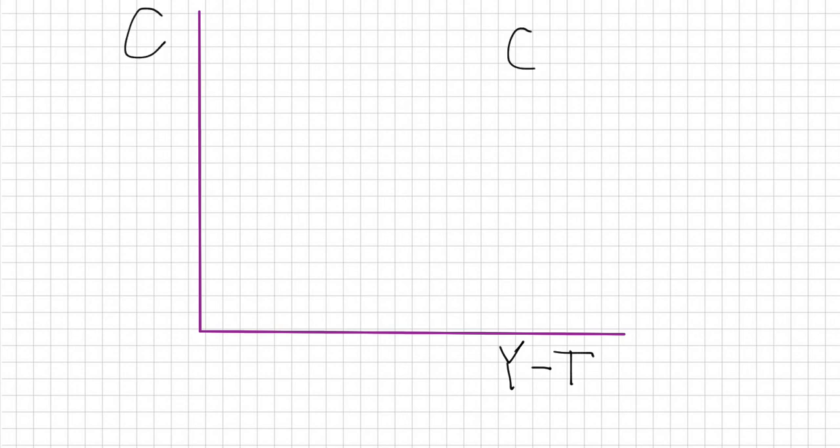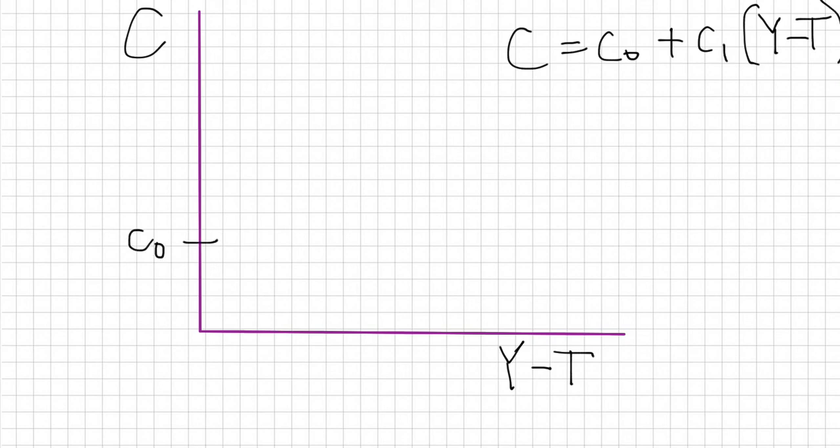Given the equation C equals C0 plus C1 times Y minus T, we can plot this thing as C0 with the slope of C1. Okay, so this is a standard linear equation. What are the two sides of these things, and what are C0 and C1?